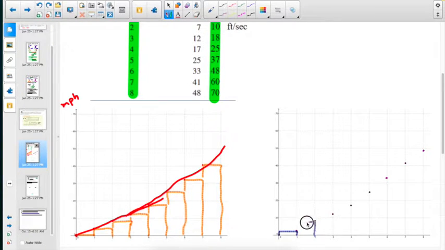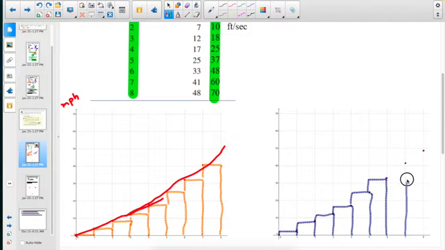And as we do all of these right rectangles now, we skip the first value, and we're going to accumulate all of these rectangles all the way up to that last value of that function. So now we have included that last value that ends up being the right side of that last rectangle.